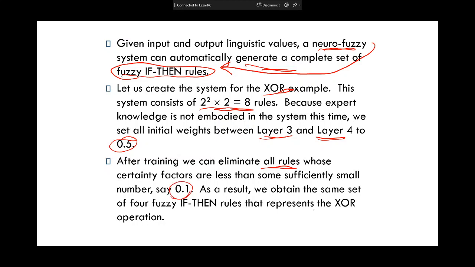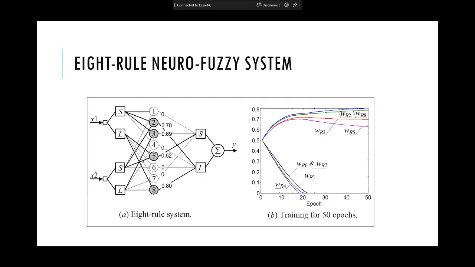As a result, we obtain the same 4 fuzzy if-then rules that represent the XOR operator here. So this is the fuzzy system where we incorporated 8 rules, and then it does all of the training. The weights between the second and fourth layers are set to 0.5.